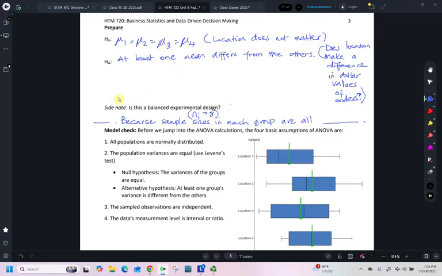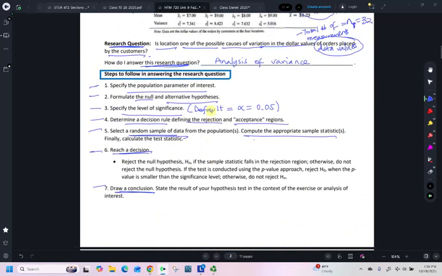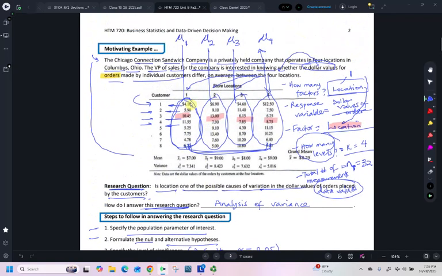So, to continue, once we have stated the null and the alternative hypotheses, we would like to make a side note before we continue, and that is to consider if this is a balanced experimental design. To answer that question, let's go back to the data set collected for each of the 4 locations. Please note that each location has 8 data values: 1, 2, 3, 4, 8 each.